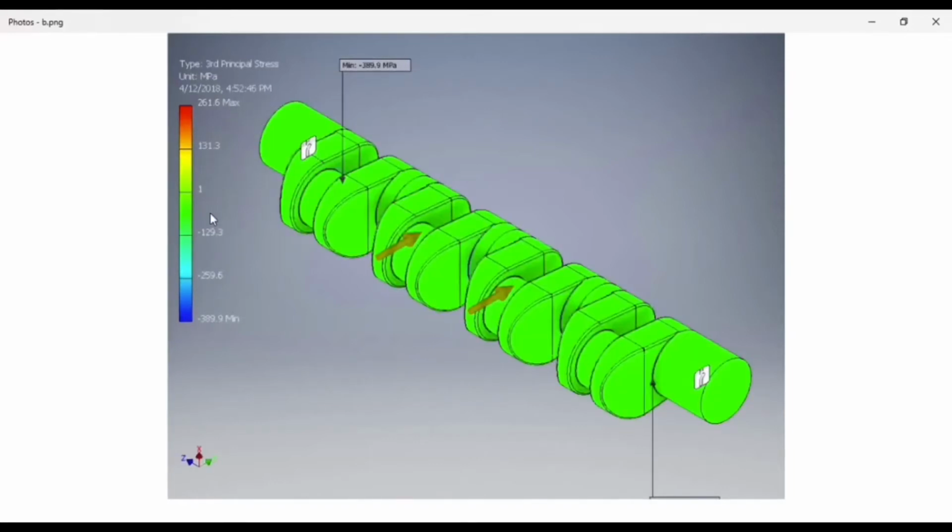Next, we get the third principal stress, where the lowest is negative 389.9 megapascal, and this area is the highest, which is 261.6 megapascal.